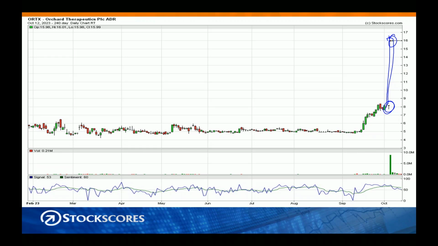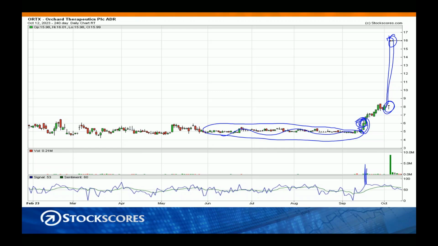But notice that this stock actually started behaving abnormally about 2 weeks earlier. So why were people suddenly willing to pay $6 a share in the middle of September, when prior to that, no one had been willing to pay more than $5 or $5.50? You can see for months the stock was trading in around the $5 mark.